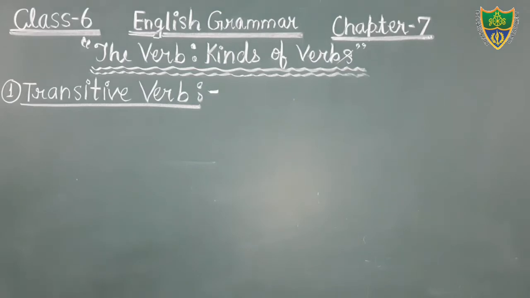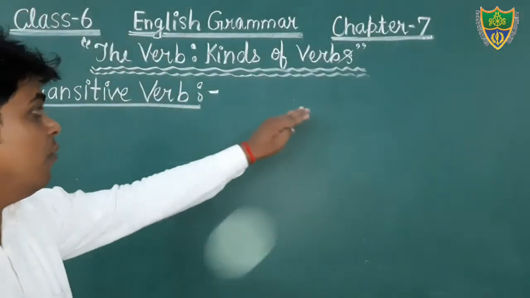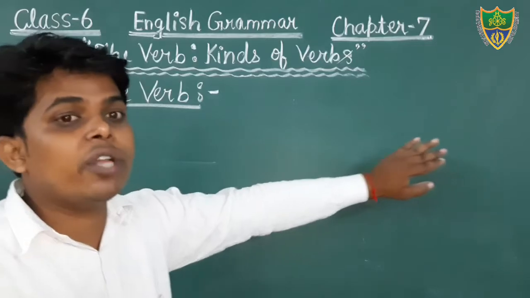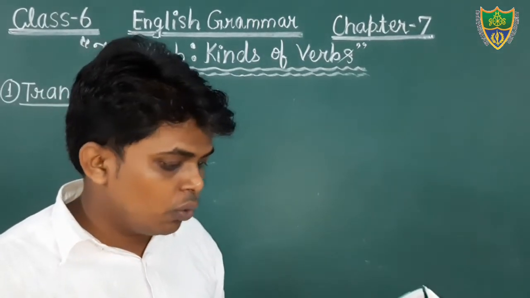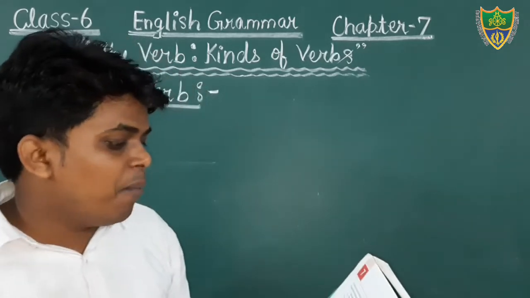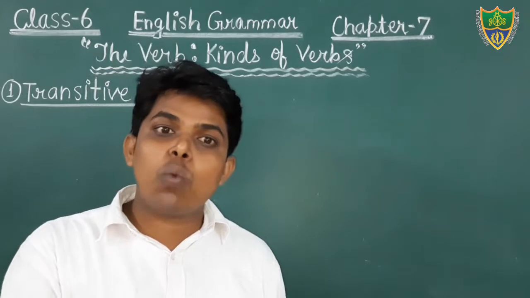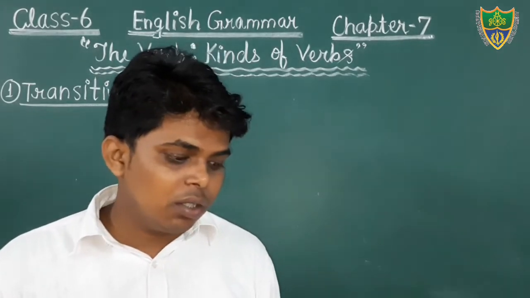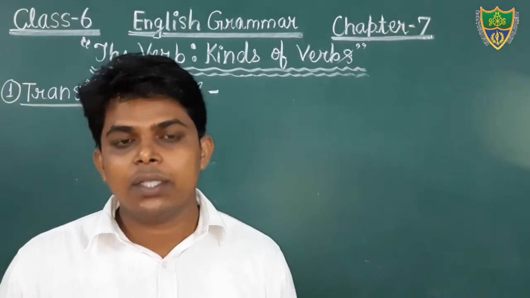What is transitive verb? Dear students, the verb used with an object is known as transitive verb. It is given in your book also. The verb which requires an object after it to complete the sentence is called transitive verb.